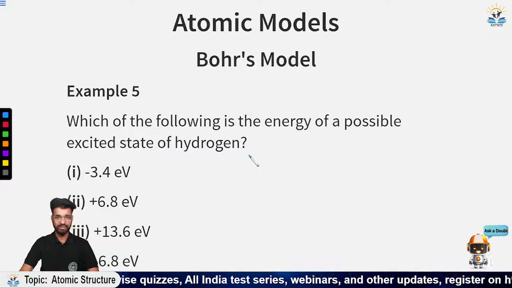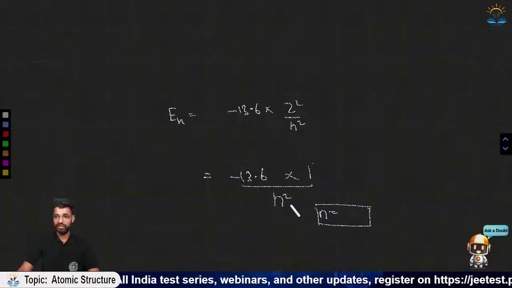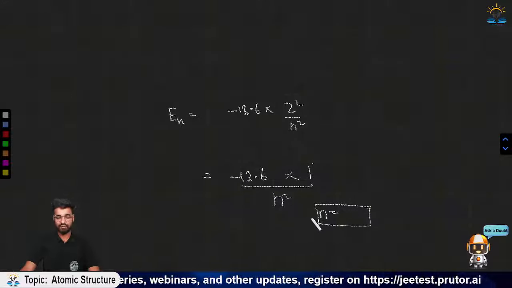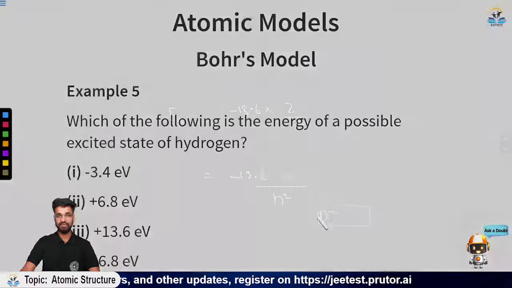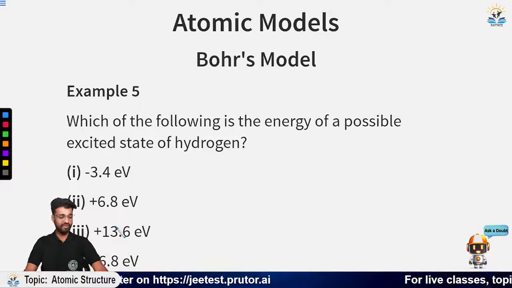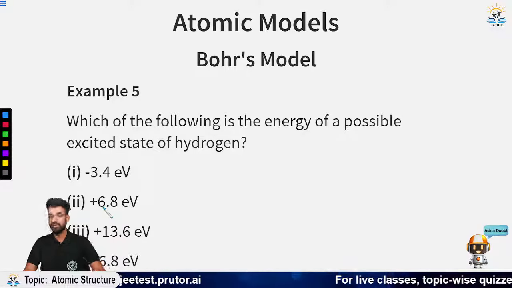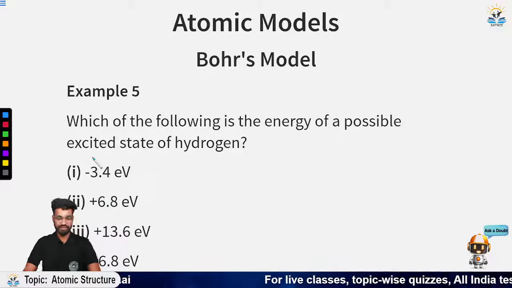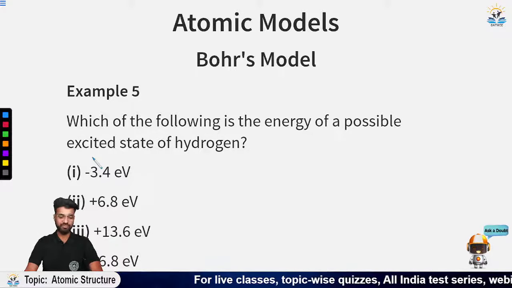It is asked which of the energies is possible. So in whichever answer you get a perfect square, that will be the answer to the given question. So you try it once. If you have any problem, you can put a query on the doubt site, where your question will be solved easily.